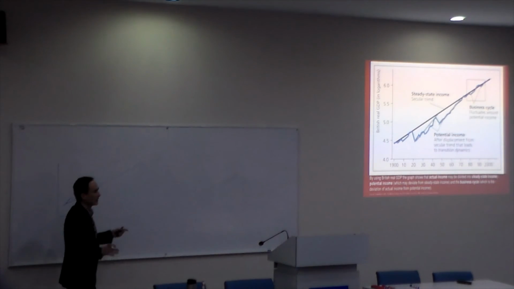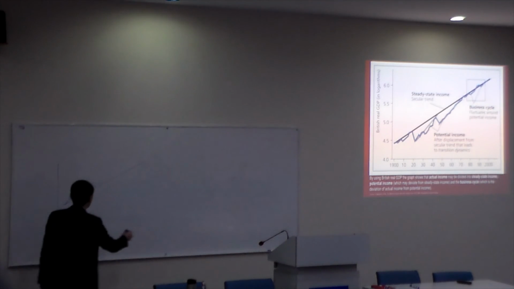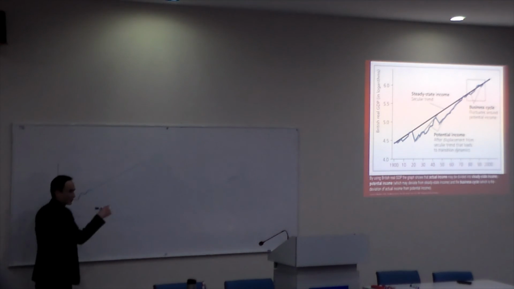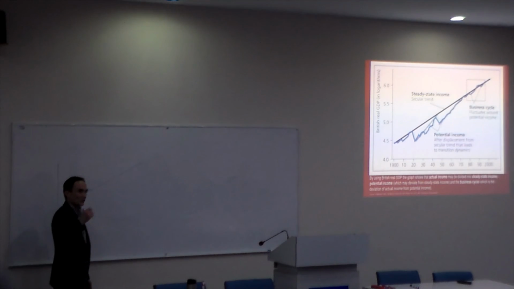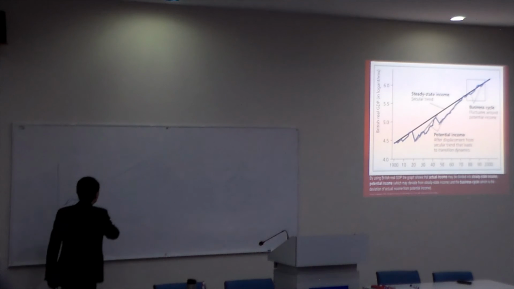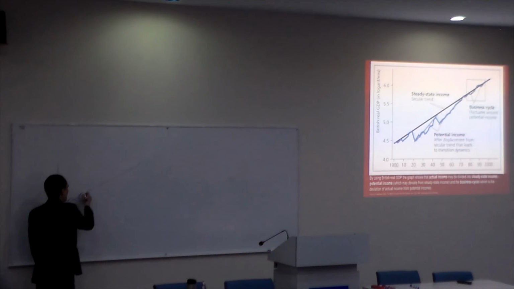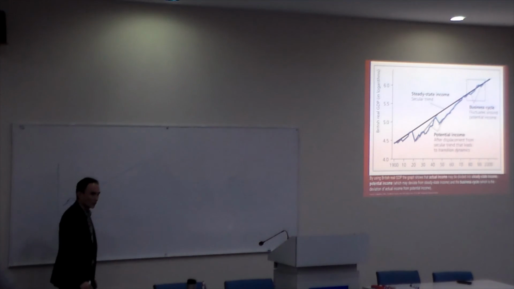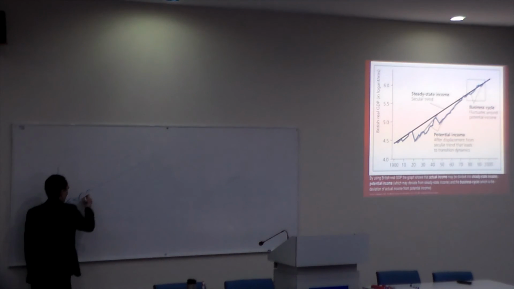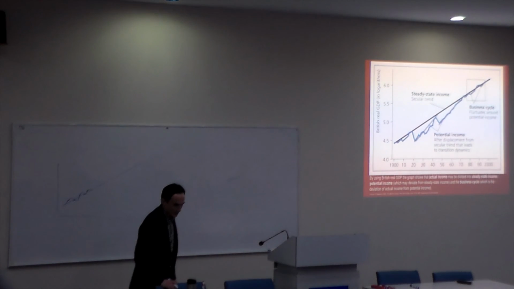Experiencing a business cycle is not a big issue, because with government intervention, through monetary policy or fiscal policy, it can be easily solved: by contractionary policies in the time of boom and expansionary policies in the time of recession.